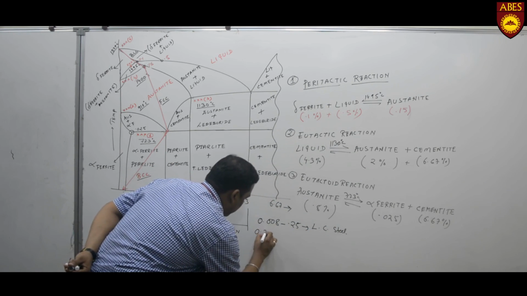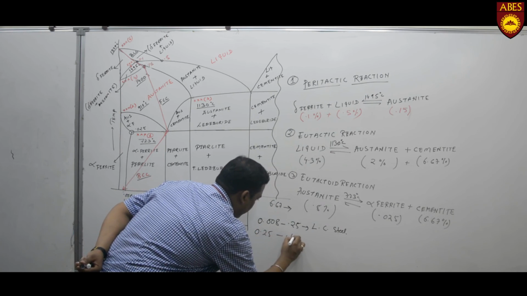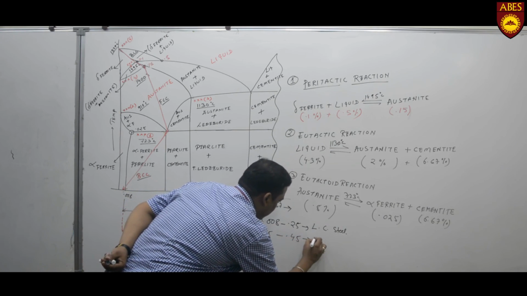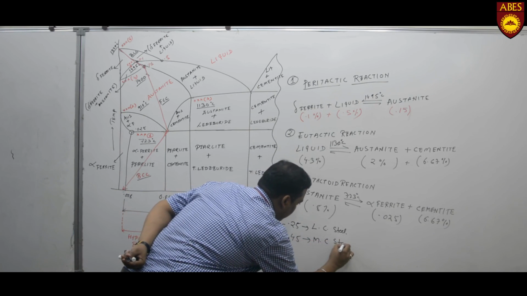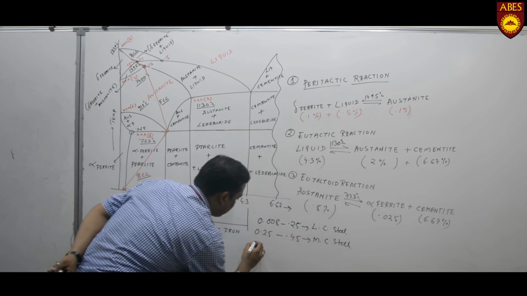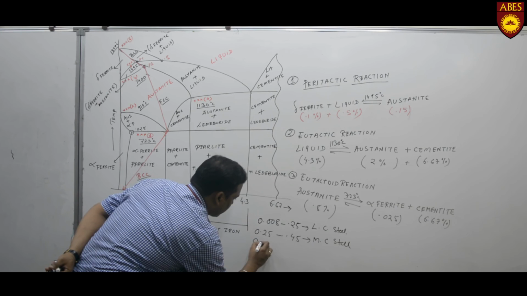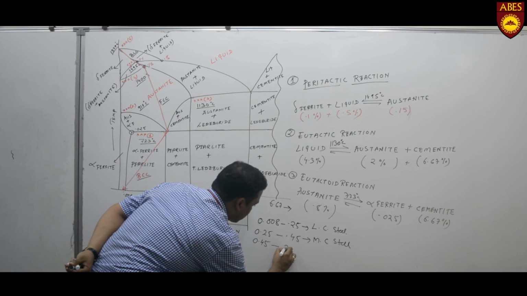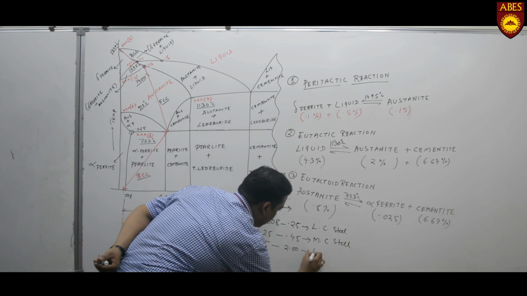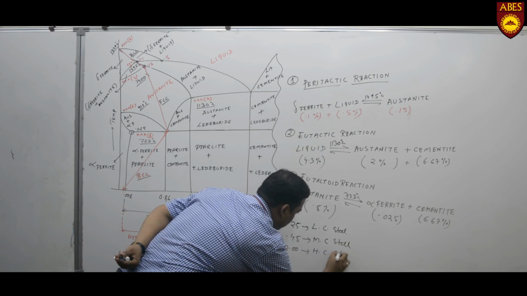From 0.25 to 0.45 it is called medium carbon steel. And third, 0.45 up to the maximum of 2% is called high carbon steel.